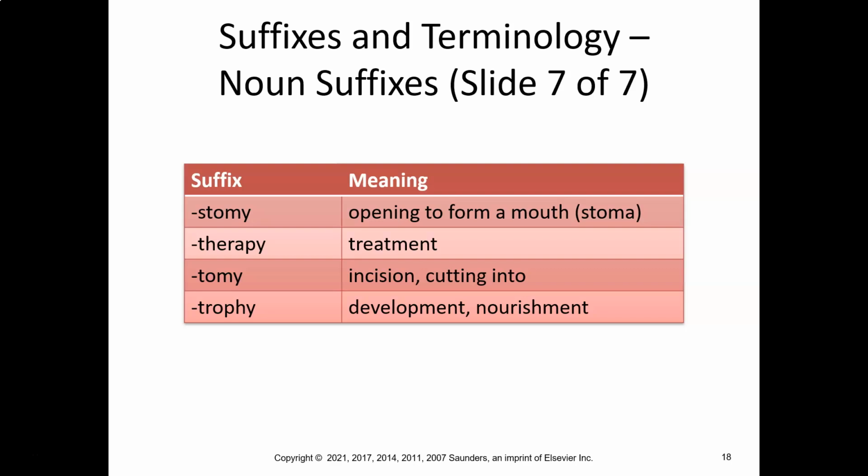Okay, colostomy, new opening on the colon, you've heard of that. Therapy is treatment. Hydrotherapy, chemotherapy. So hydrotherapy is treatment with water. Chemotherapy is treatment with drugs. Tomy would be incision, cutting into. So incision into the abdomen. Trophy, development, nourishment. So if you had atrophy, you would have no development.